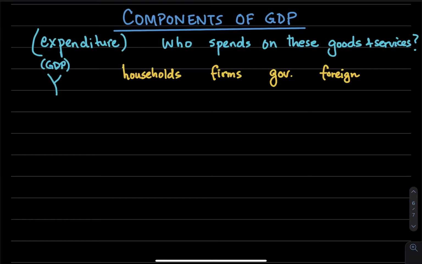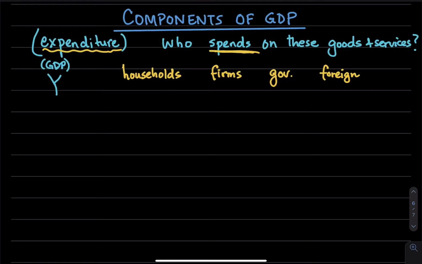Okay, so remember that we are talking about the expenditure approach to getting to a measure for GDP, getting to an equation for GDP. So we're asking this question about who spends on these goods and services. So you have households, firms, and governments that are spending on goods and services, and you have foreigners or foreign countries that are spending on goods and services.